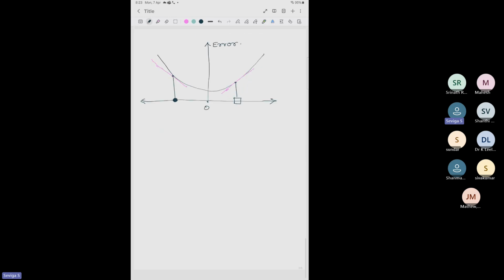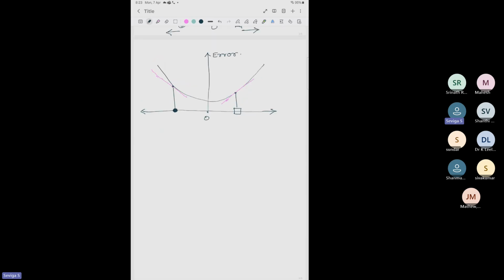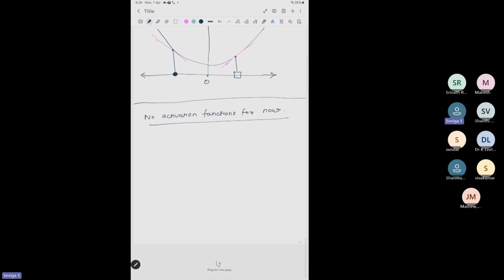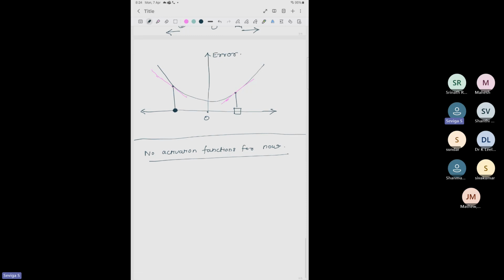For the time being, there is one more note we need to take here: we will understand that there is no activation function for now. Earlier we understood that activation functions are essential to keep the whole network from becoming equivalent to a single neuron.